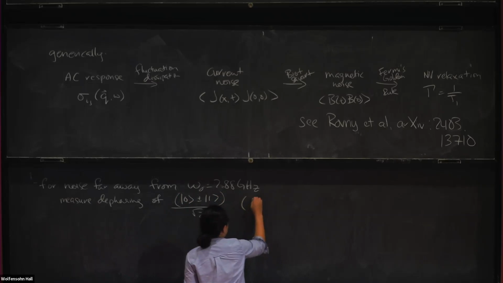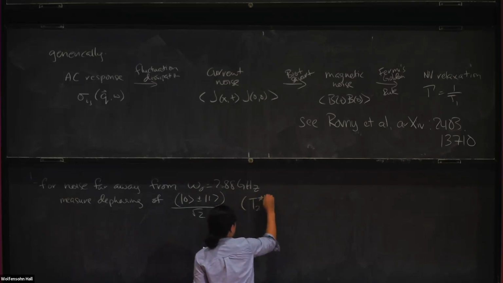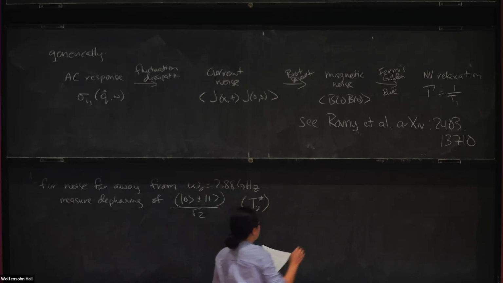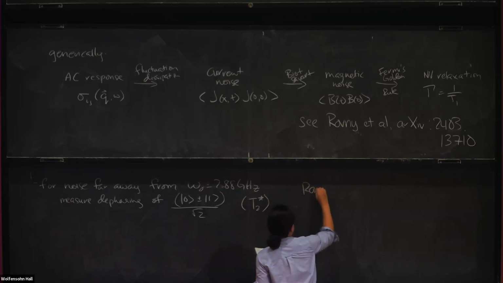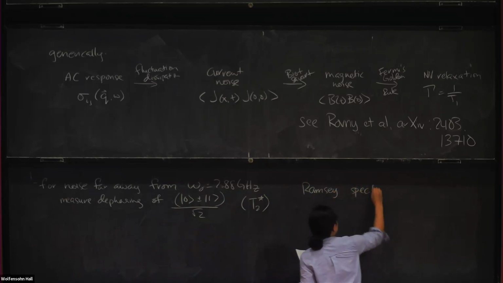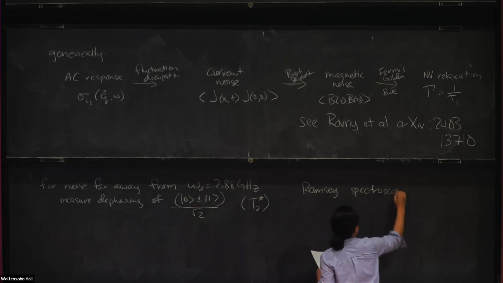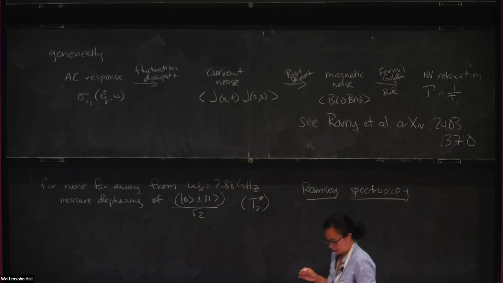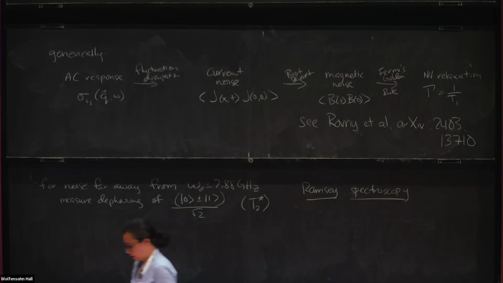This is called T2 star, which is another quantity. This is also called Ramsey spectroscopy. Atomic physicists call this Ramsey spectroscopy. NMR people just call it free induction decay.